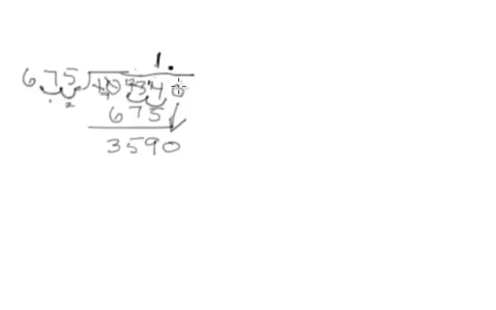So I'm going to put a 5 here as a guesstimate, and then I do 5 times 5 is 25. Carry the 2. 5 times 7 is 35, plus 2 is 37. Carry the 3, and 5 times 6 is 30, plus the 3 is 33.